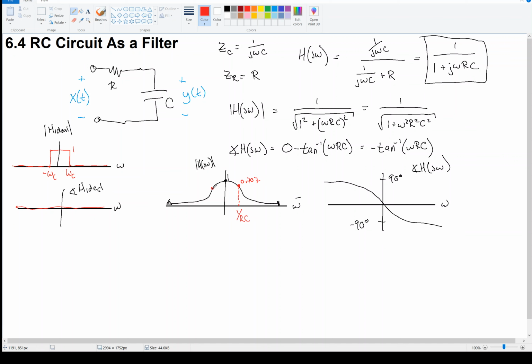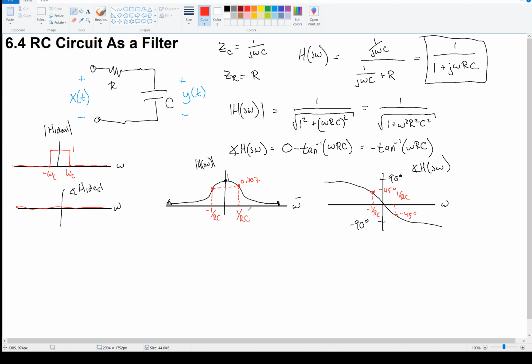And because this is an even function, when you put negative 1 over RC, you also get 0.707 there. Why 0.707 is important is outside of the scope of the course. And when you put in 1 over RC here, you get negative 45 degrees. And this is an odd function, so when you put negative 1 over RC here, you get 45 degrees.